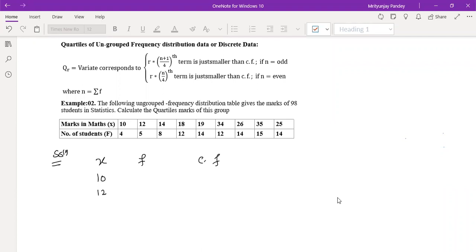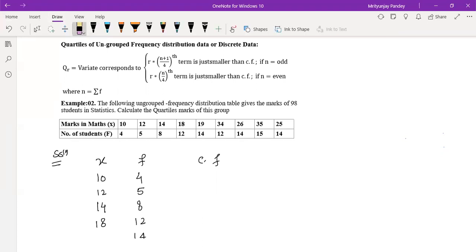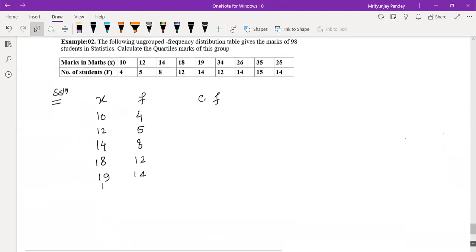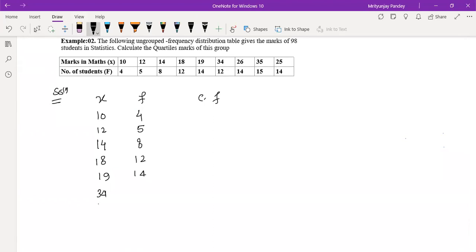X: 10, 12, 14, 18, 19, 34, 26, 35. F: 4, 5, 8, 12, 12, 14, 15 and 14. After 18 comes 19, so that is 19.